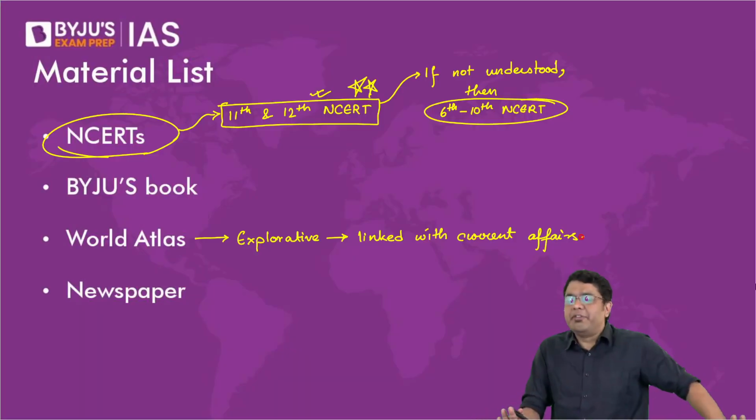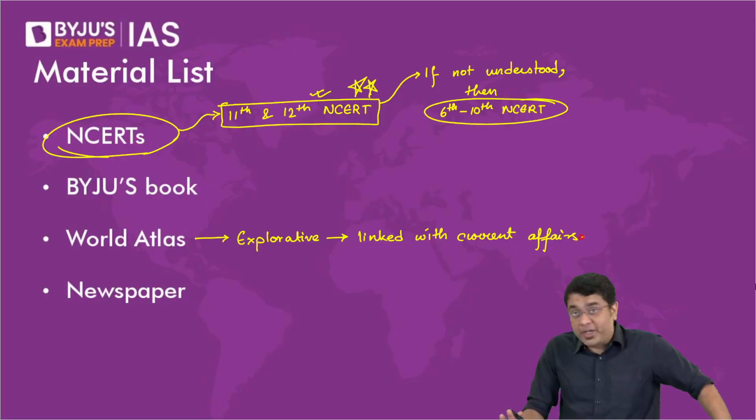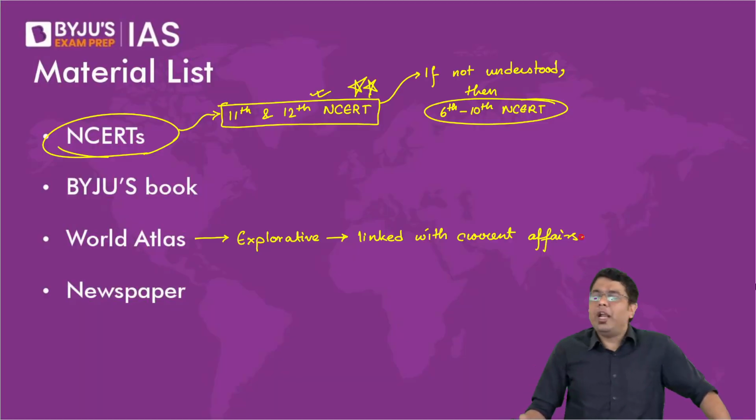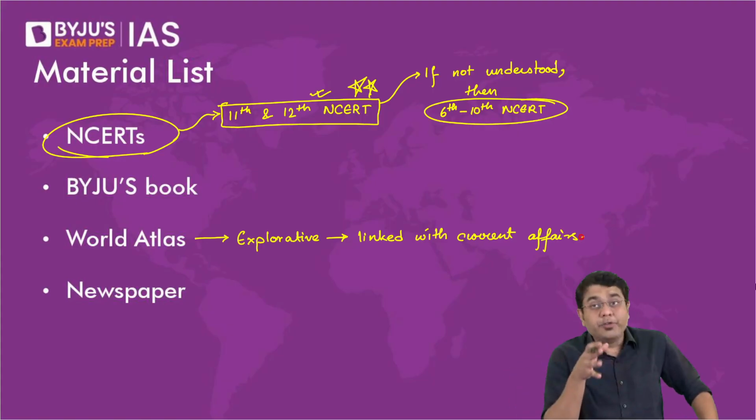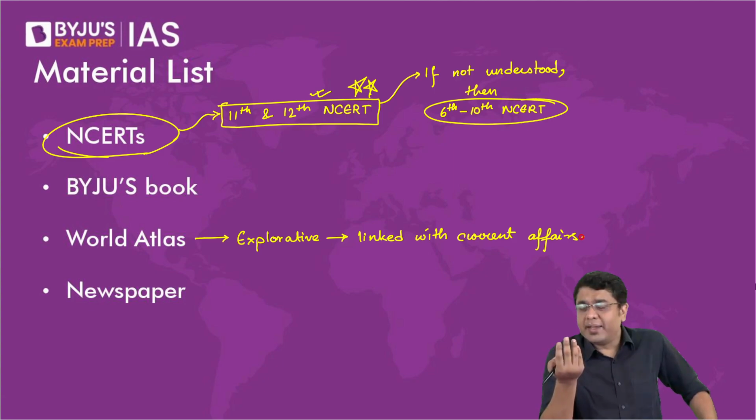Any atlas which is available should be sufficient, because the atlas not only helps you understand this subject in a better way, it also helps you relate it with the areas in discussion and the portions of IR, international relations. The questions that you see in IR will also be much more easily understood. For example, Armenia and Azerbaijan have been quarreling for some time now. Why have they been quarreling?